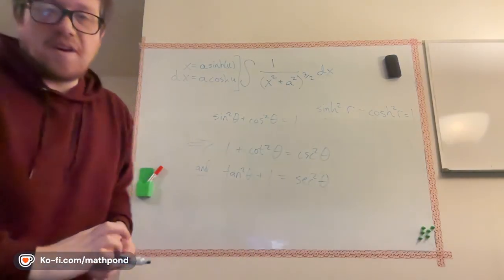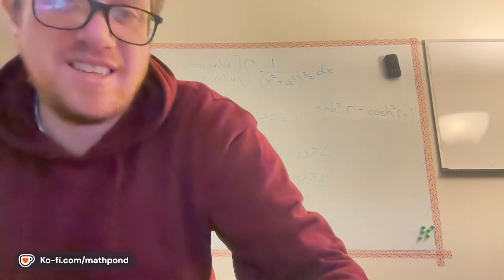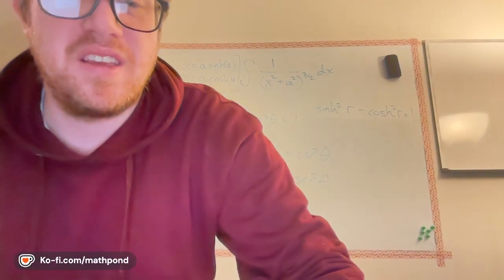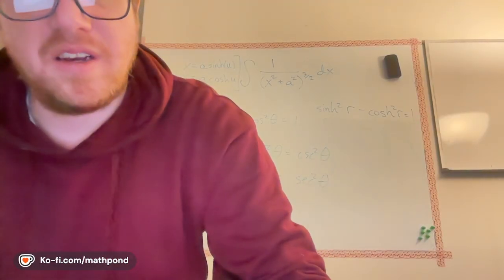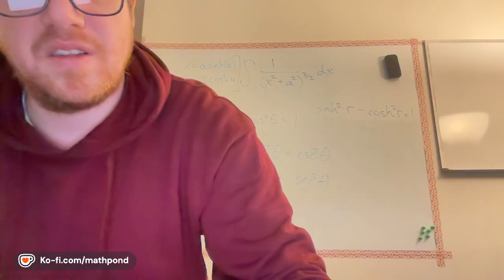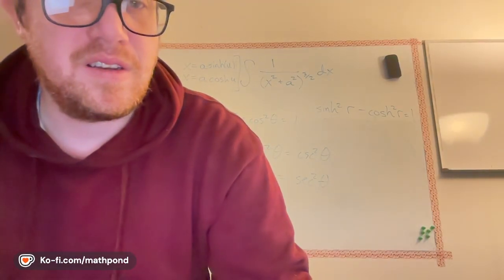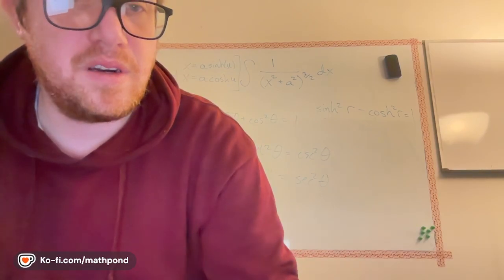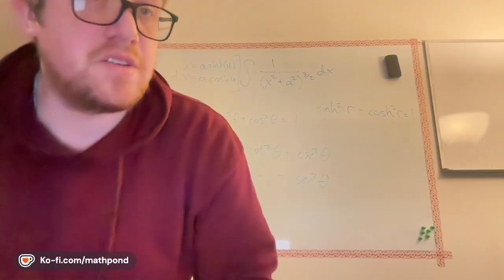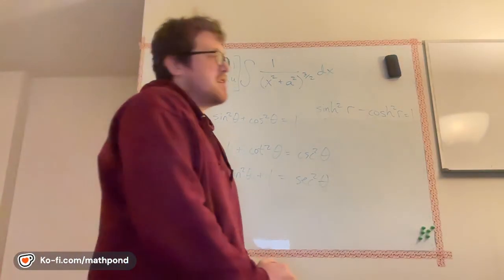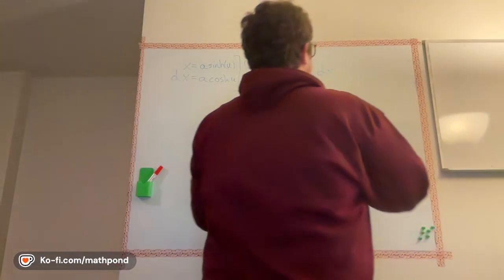I'll look it up real quick. Hyperbolic function identities. Okay, I do have it backwards. It's hyperbolic cosine squared minus hyperbolic sine squared is 1. Okay, then we're good. Should have known it was backwards.